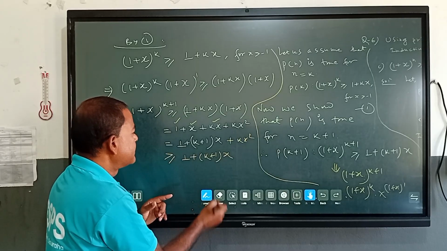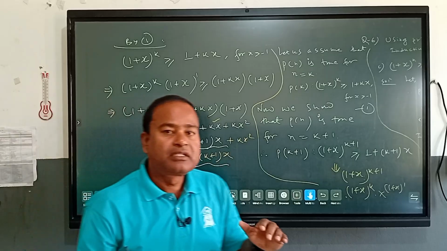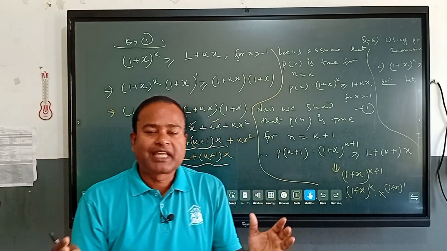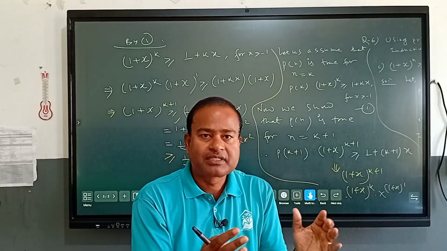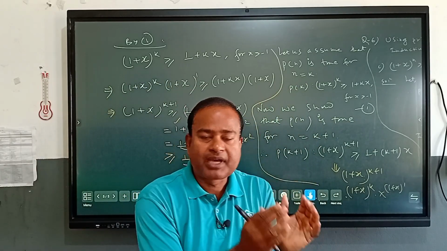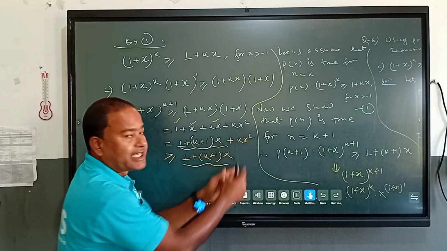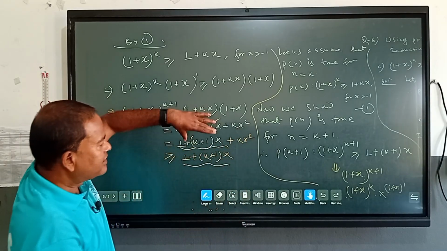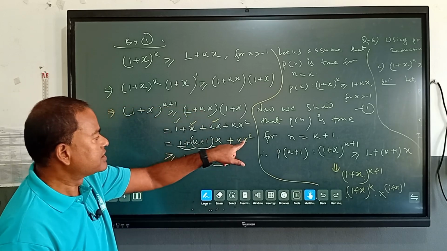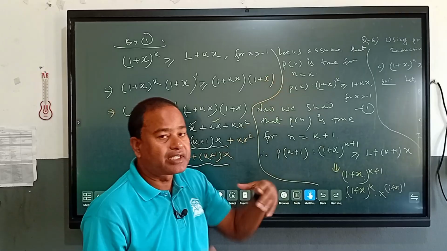So dear students, we know that a whole thing is always greater than its components. Any whole object is always greater than its parts. So 1 plus k plus 1 x plus kx squared, this whole expression we can write greater than or equal to the first expression, because x squared is already a square, and x is already given greater than minus 1.